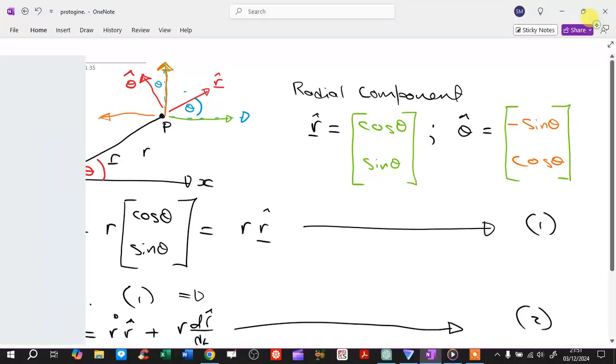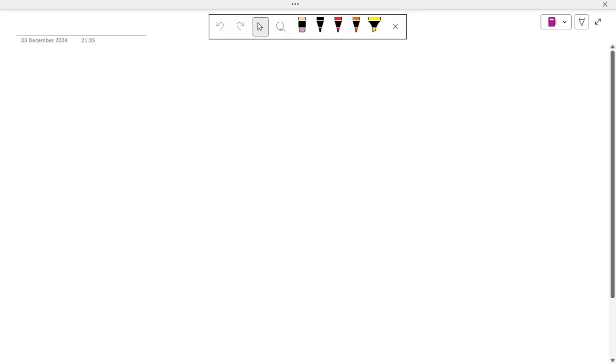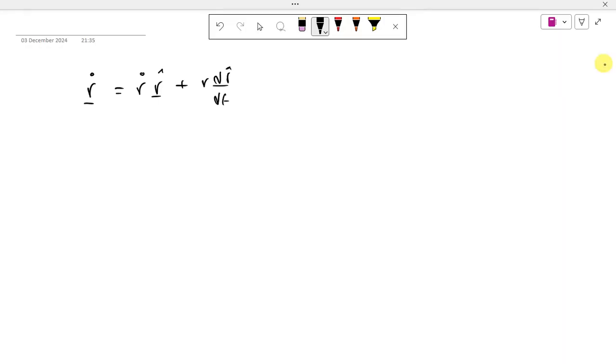Let me just go to section 5. So we've got r dot equal to r dot r hat plus r dr hat by dt. But we know that r hat is equal to cos theta and sine theta, like cos theta plus sine theta as a unit vector.